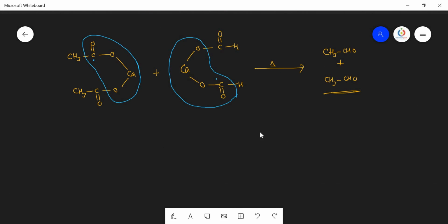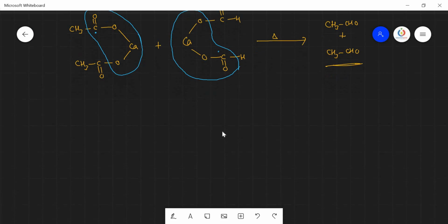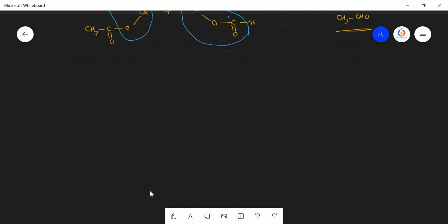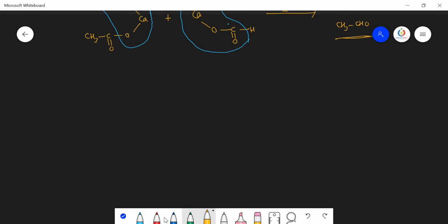Okay. Now I'll give two more tests regarding how to distinguish methyl alcohol from ethyl alcohol. Please note down, because these are important.